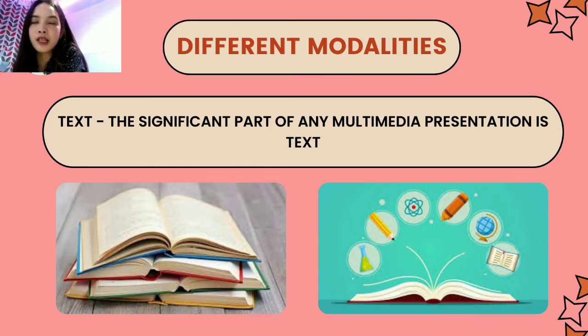It is a significant part of many multimedia programs because it serves as the building blocks for words, phrases, and paragraphs. The only source of information is offered by text alone. That's why it is important, because you can't gather information without text.